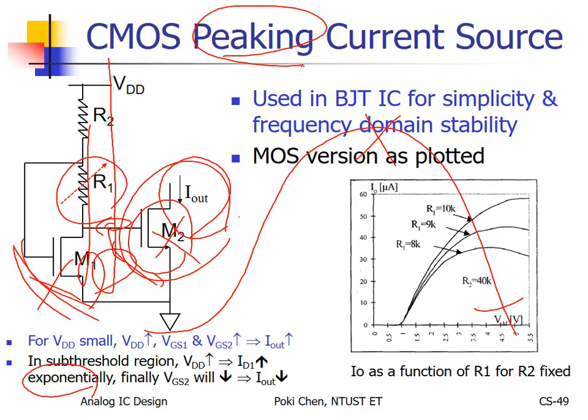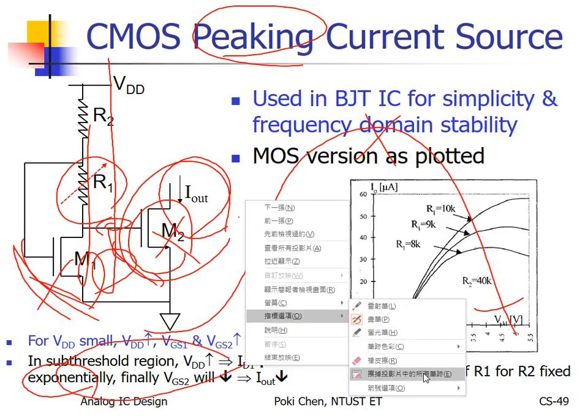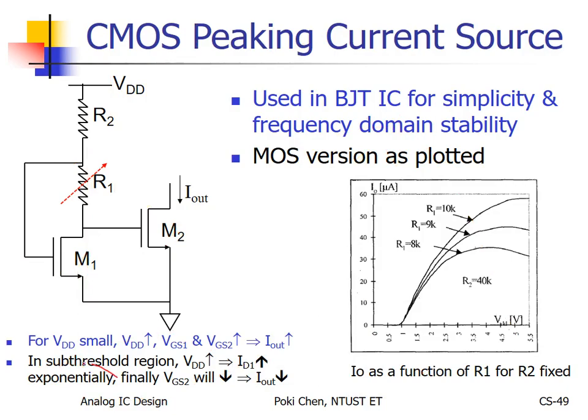That's it. But how to derive it? I promise you, very complicated. Yeah. If you have time, please try it by yourself. I never derive it. I only explain the idea to my students. Good enough. Again, rough estimation. According to weak inversion operation for M1. Oh, that is the key point.